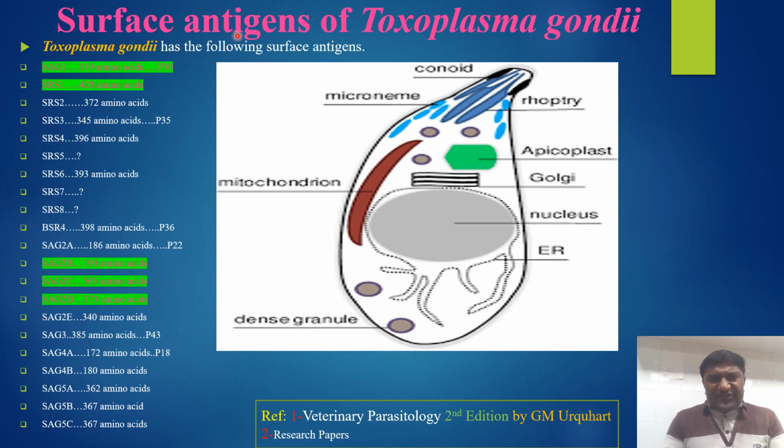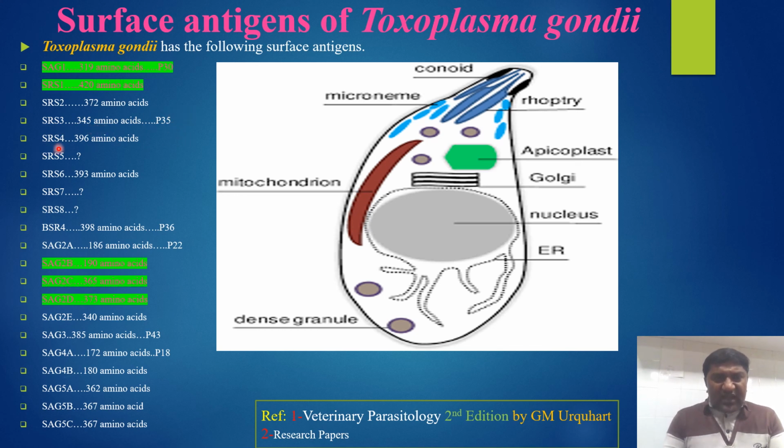So the surface antigens of Toxoplasma gondii are as follows. SAG1 has 319 amino acids, its protein is P30. SRS1 has 420 amino acids, SRS2 has 372 amino acids, SRS3 has 345 amino acids, and its protein is P35.